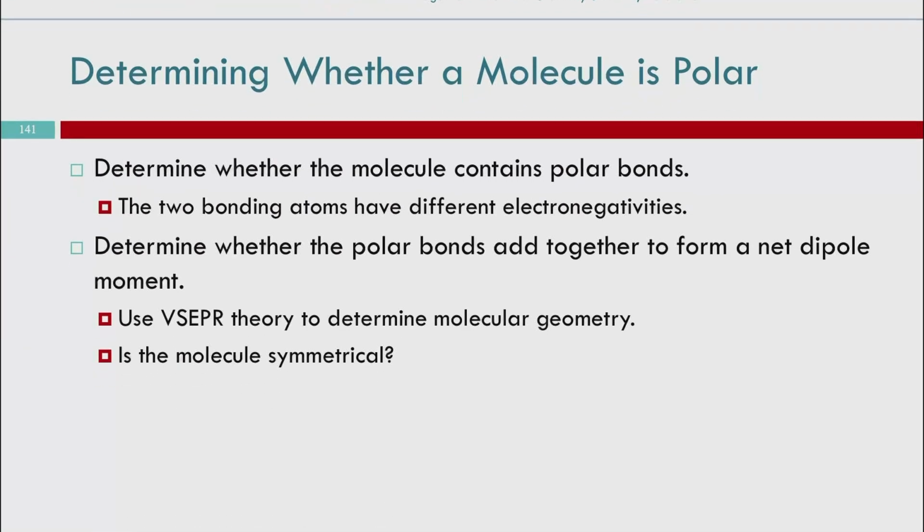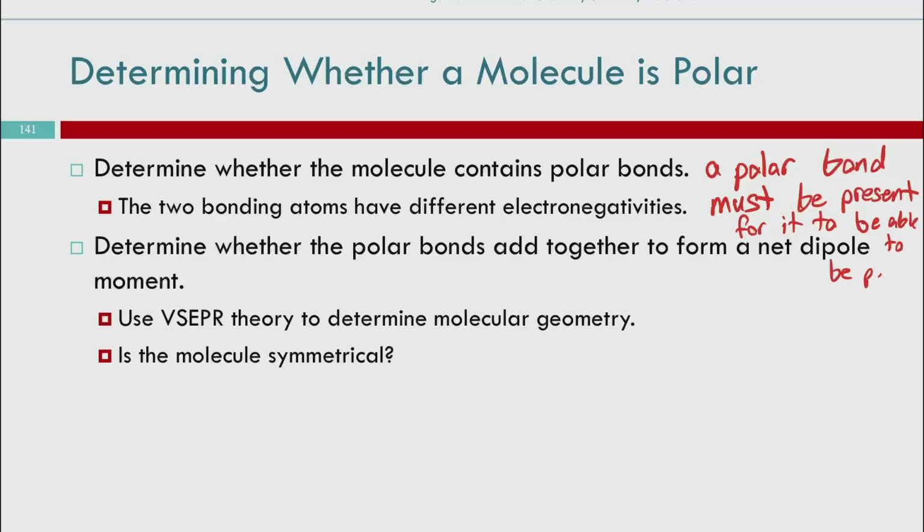All right, if we want to determine whether a molecule is polar, we first need to determine whether it has a polar bond. A polar bond must be present for it to even have a chance of being polar.